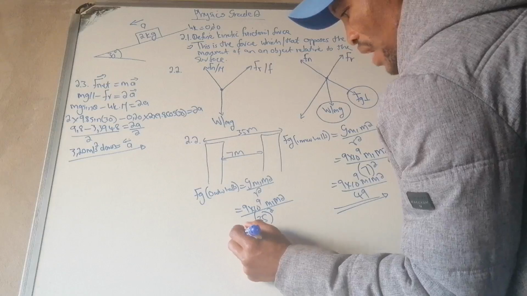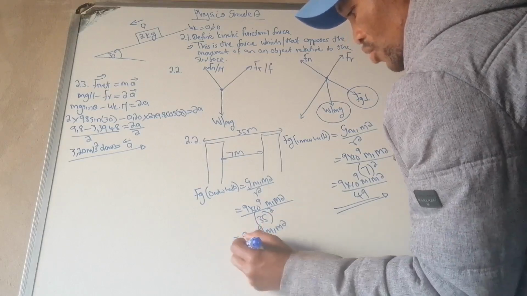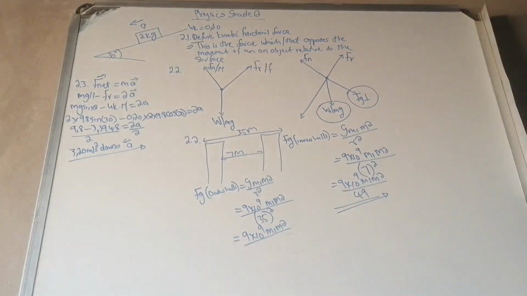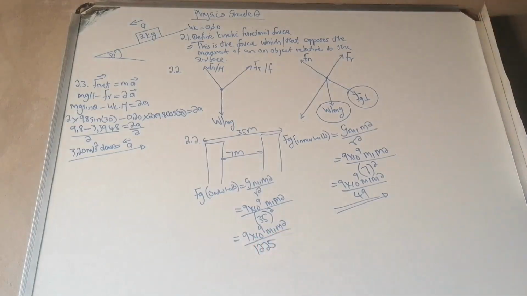So I will have 9 times 10 exponent 9, M1, M2 over 35 squared. What is 35 squared? Let me just go to the calculator and try and find 35 squared. And I find 1225.